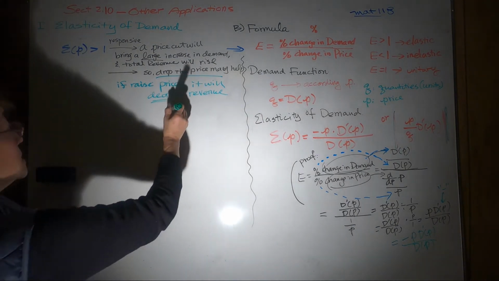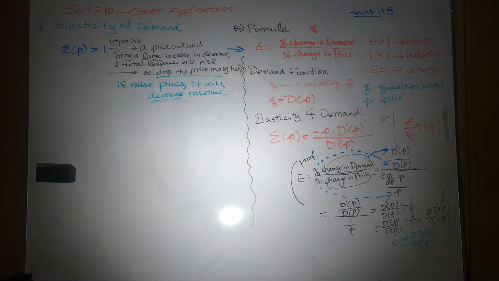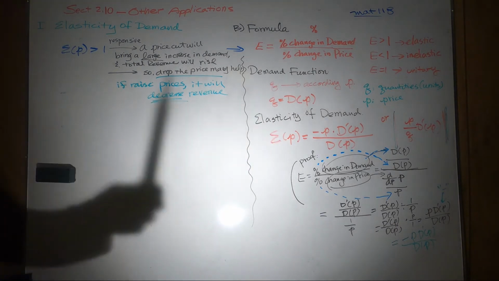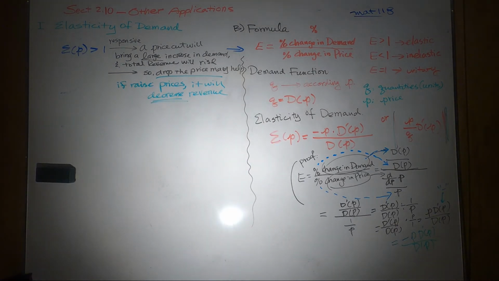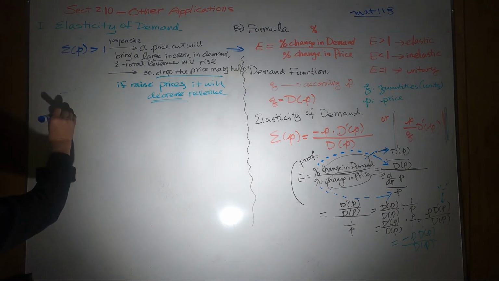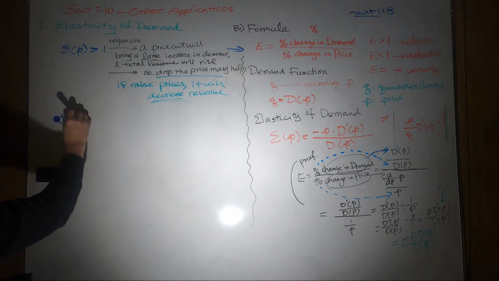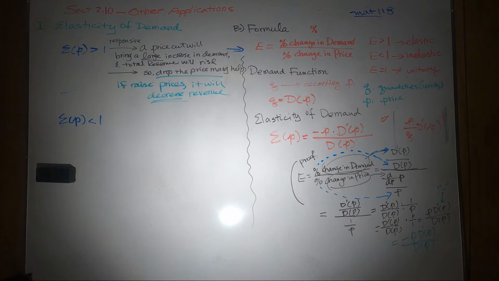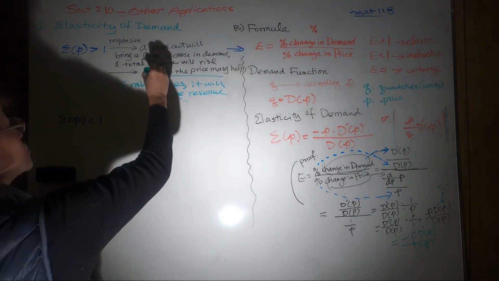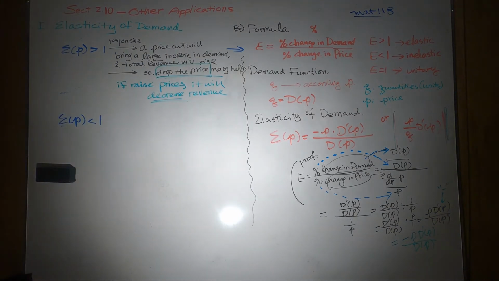You will decrease the revenue, right? So if it's bigger than 1, what do you need to do? If you calculate with the derivatives, then you find out the elasticity is bigger than 1. So what do you think you want to do? You want to raise the price or drop the price? You will drop the price, right? Drop the price. That's the decision you want to make.